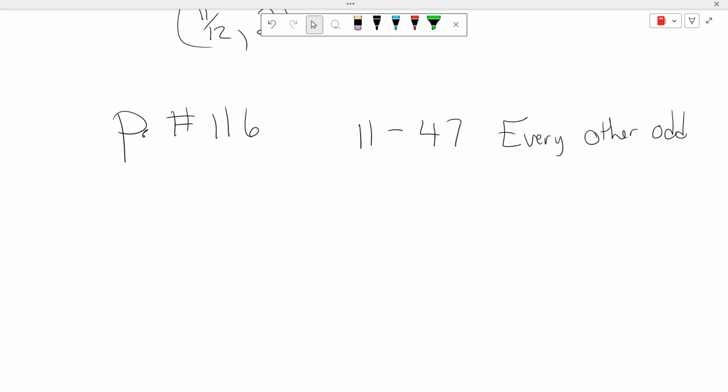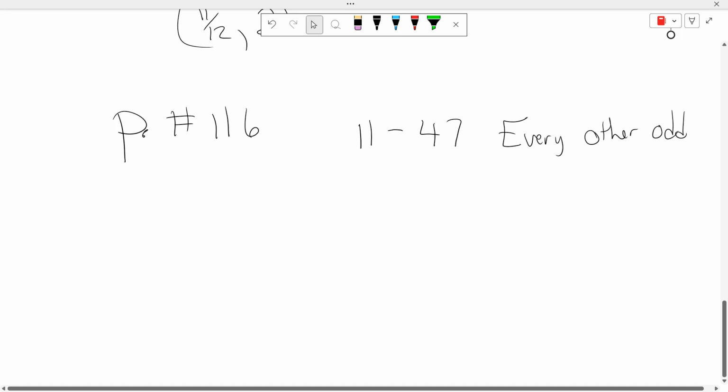So it's 11, then 15, then we skip 17 and go to 19, and so on. So 11 through 47, every other odd. So every fourth problem. Do that, and then we'll talk about the next section here in about 15 minutes. 11 through 47, every other odd.